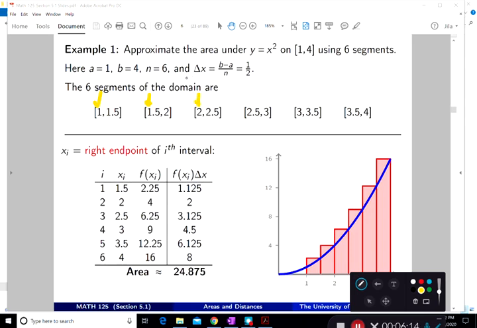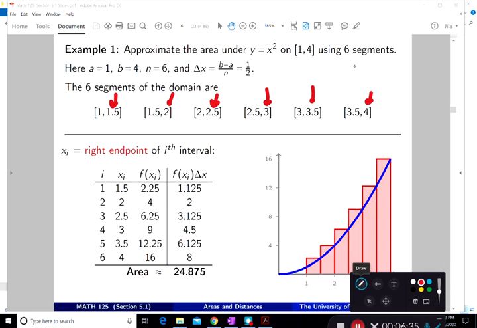Then no, the right endpoint is the other way around, isn't it? The right endpoint for this interval is going to be 1.5, then 2 for that one, then 2.5, then 3, then 3.5, and 4.